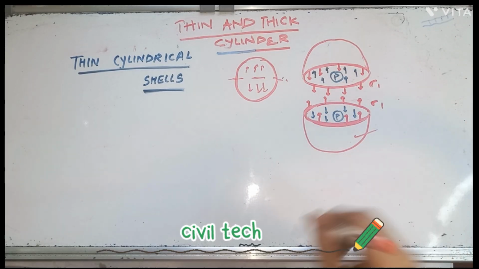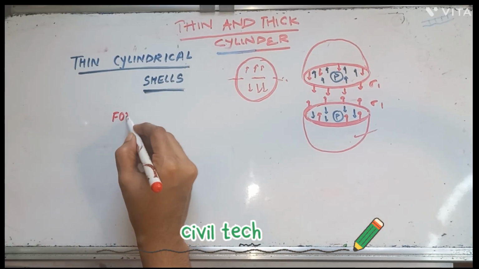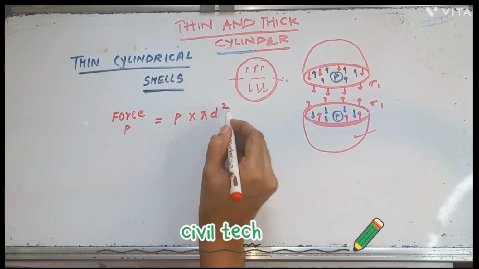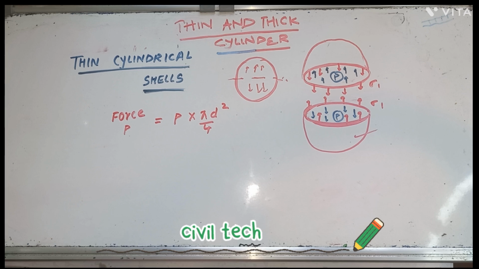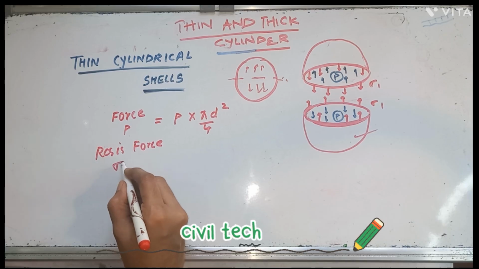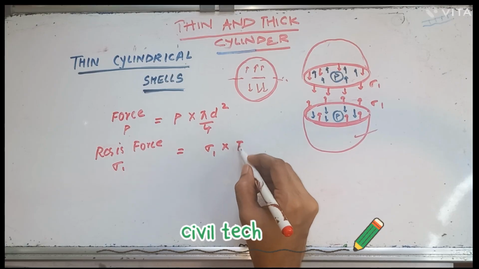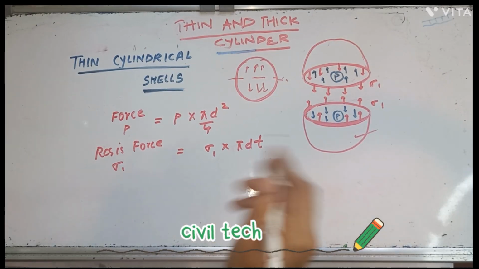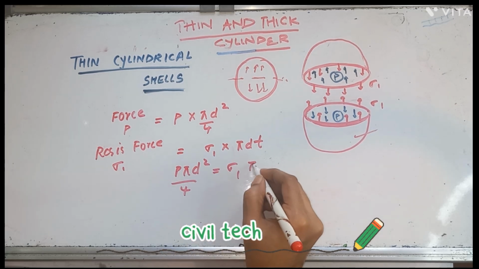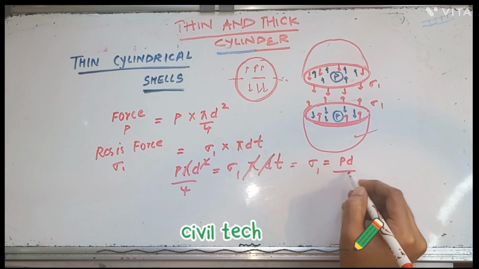Like before, the force due to the fluid pressure P is P into pi d square by 4, and the resistant force generated in the material due to the stress sigma 1 is sigma 1 into pi d t. Equating both, we get pi d square by 4 into P is equal to sigma 1 pi d t. So sigma 1 is equal to Pd by 4t.